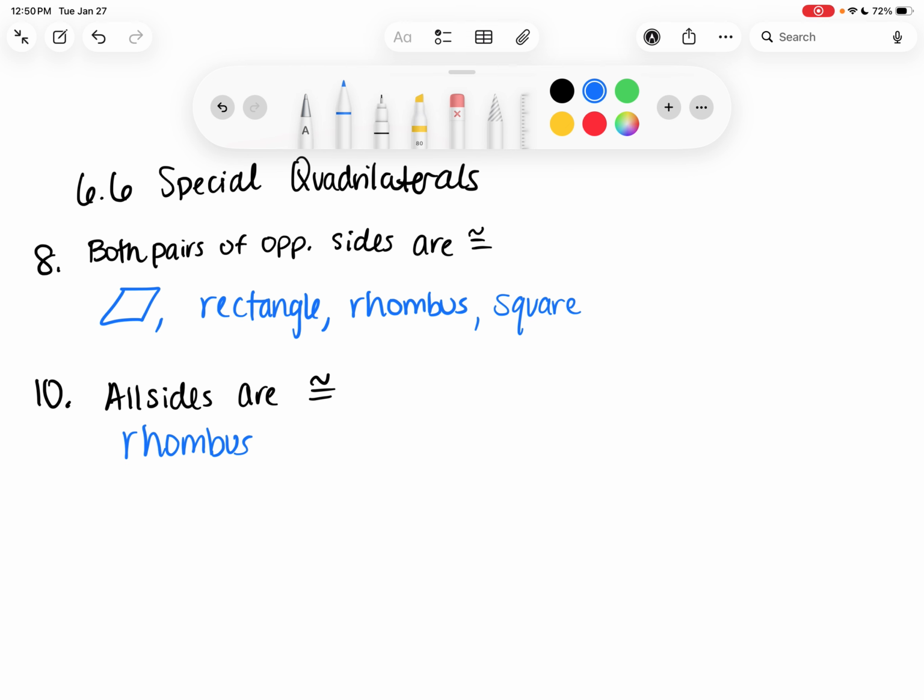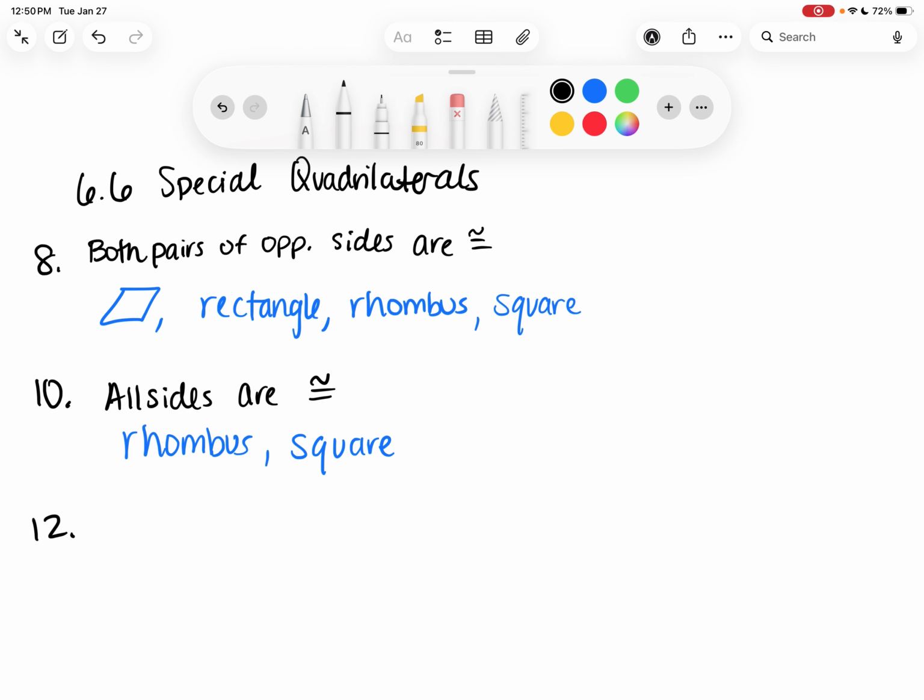It could be true for a rectangle, but we don't know. Okay? This is always true. It is always true for a rhombus. What about a square? Yes. Also true. What about a kite? No. And a trapezoid? No. So just rhombus and square on this one. Do we understand how these work? Making sense. All right. Let's see, we've got one more.